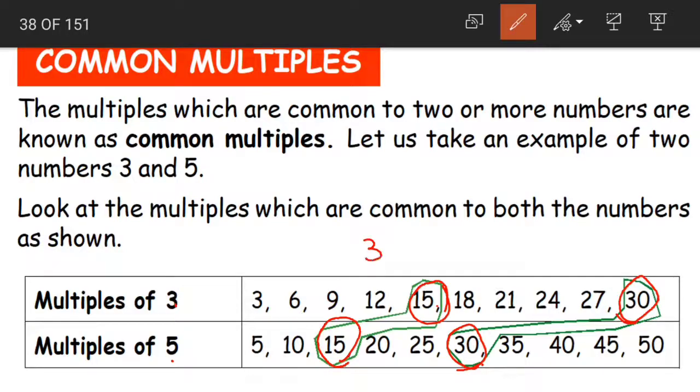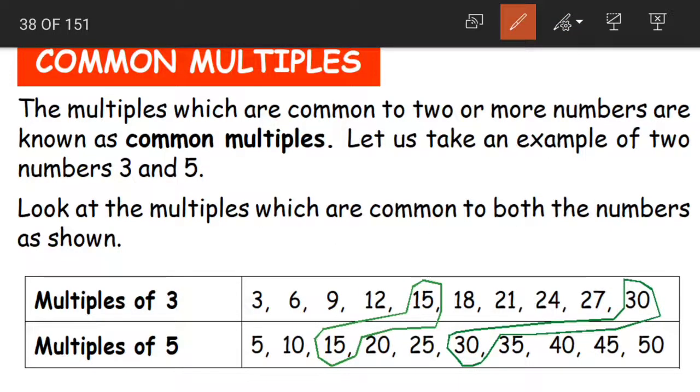See, we have 3 fives are 15. So 15 becomes the common multiple to both 3 and 5. Now when we multiply it with 2, 15 twos are 30. So 30 becomes a common multiple of 3 and 5 as well. Understood?